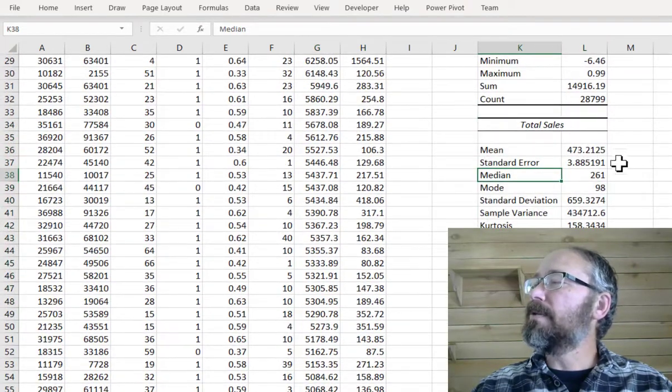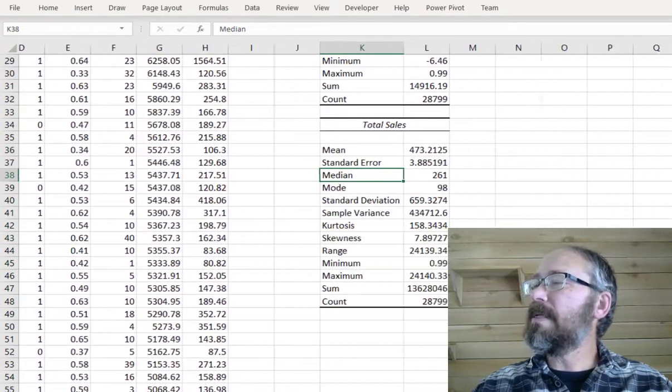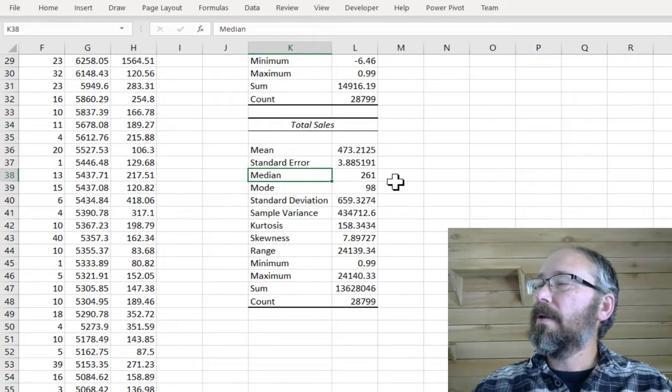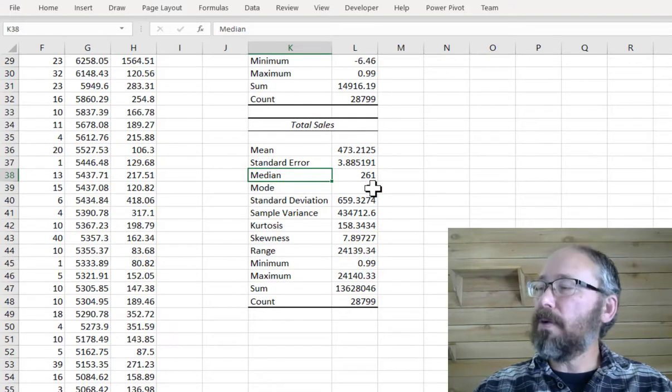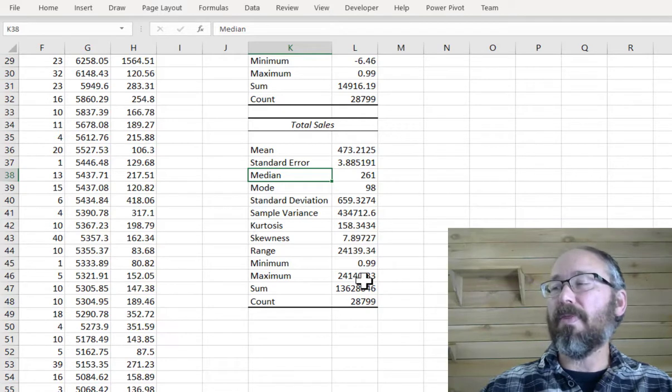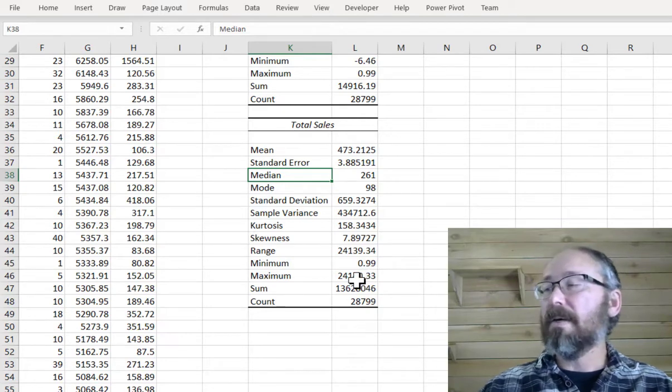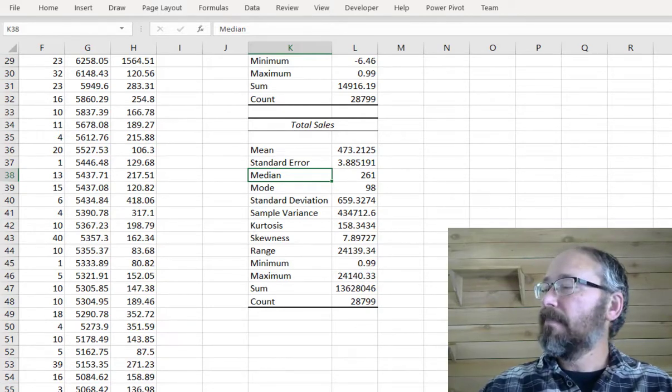Okay, so the mean is 4.73. The median is 261.98. Okay, we have a range of 99 cents to 24,000. Okay, looks like it could be valid.